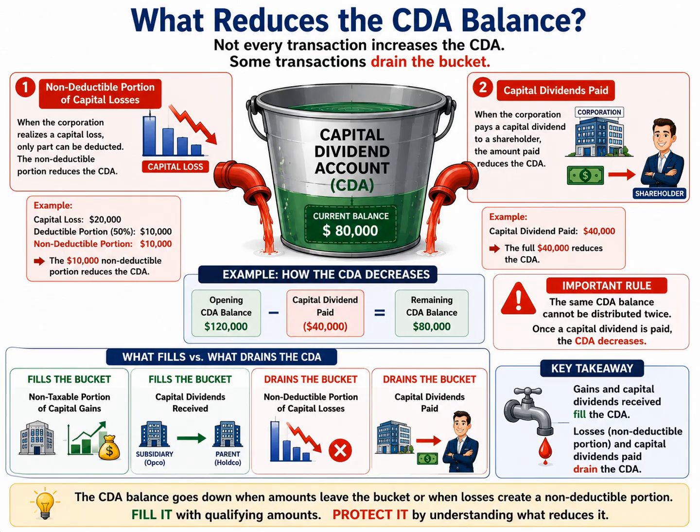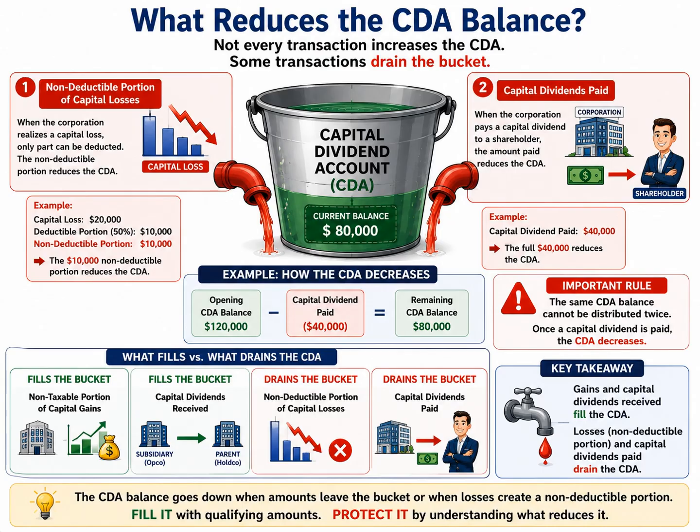Otherwise, corporations could continuously add gains to the CDA while ignoring losses, which would overstate the amount available for tax-free distributions. For example, suppose the corporation realizes a capital loss of $20,000. The non-deductible portion is $10,000. That $10,000 amount reduces the CDA balance.